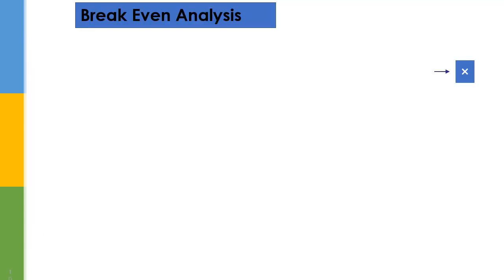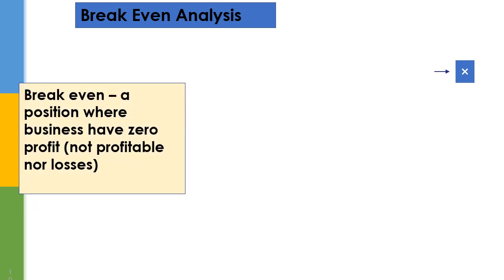Let's look at the formula to calculate the break-even analysis. It starts with the understanding that break-even is a position where the business has zero profit, a level that is not profitable, with no losses.